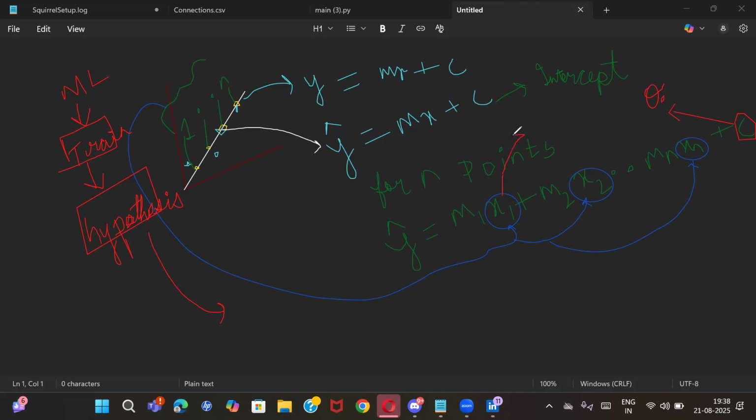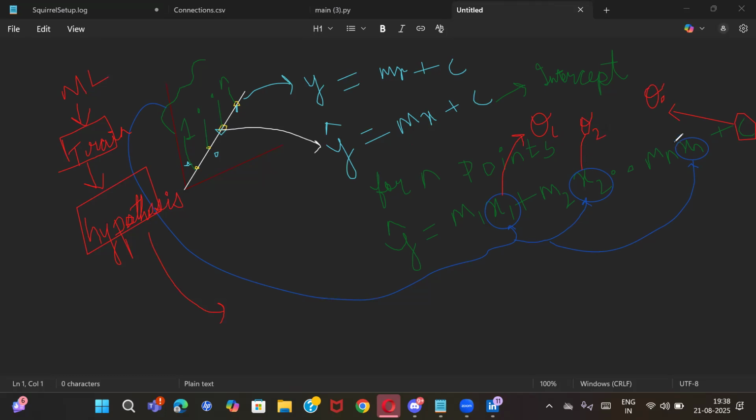And what is this one? These things. This is my theta 1. Similarly, this is my theta 2.